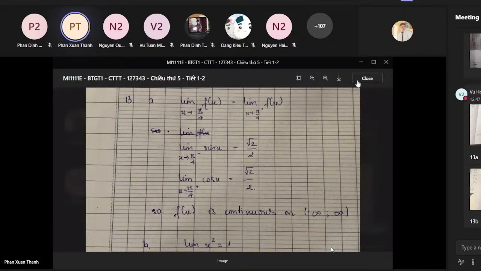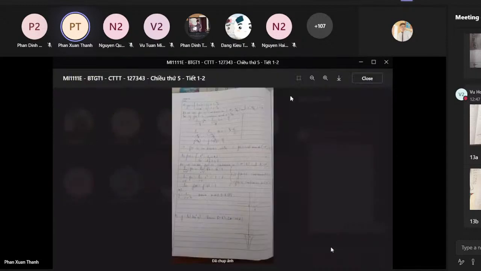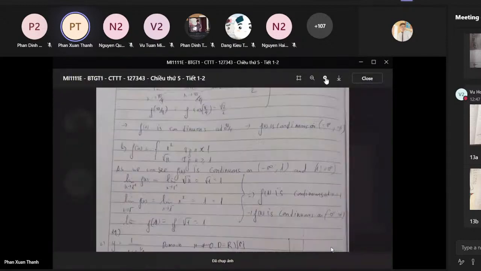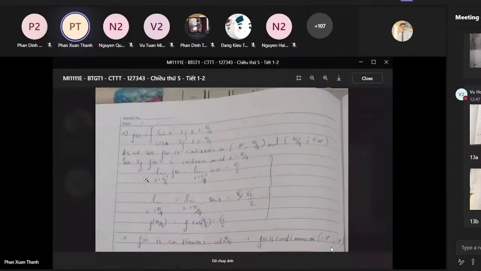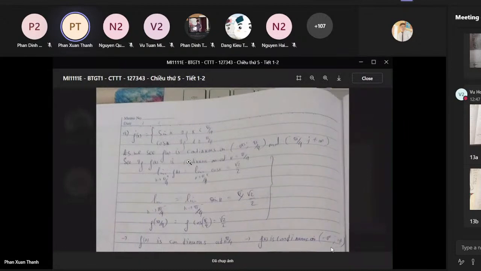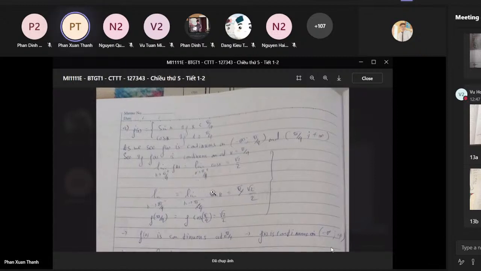Okay, this one more exercise for A. So f is continuous from this one. So f is continuous at pi over 4.